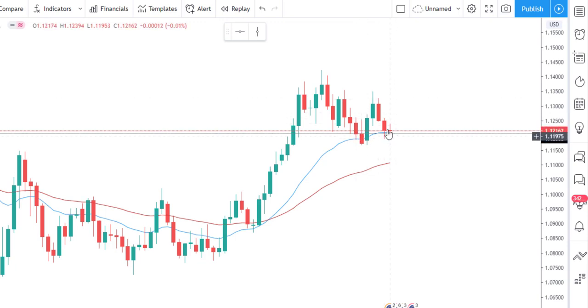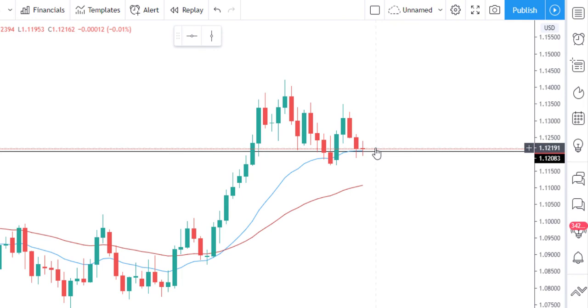As the market has come back to this support area, what we are going to be looking for is a buy signal, either a pin bar or an outside bar, inside bar, or whatever it is. Because right now the market is slowing down at this area.